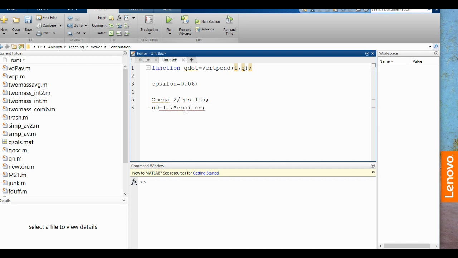And maybe I'll make this 0.04 or something. Then I will say b equals 1, some number. Then in my equations I'll have q dot equals, and I'll have q2, that part is easy. I need a c bar. C bar equals 0.3. Now let's look at our equations here.